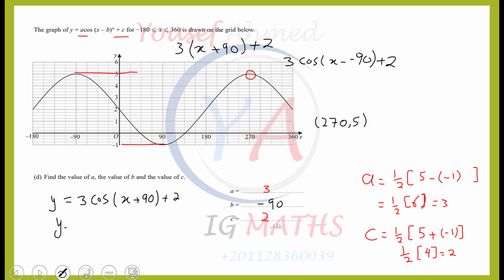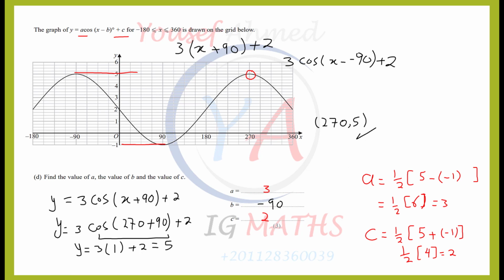So y will be 3 times cosine of 270 plus 90, and then you add 2. So you do the cosine first. This is cosine 360, which is 1. So 3 times 1, and then add 2 gives you 5. So this is the value of y, which is correct. So now the value of b is correct.